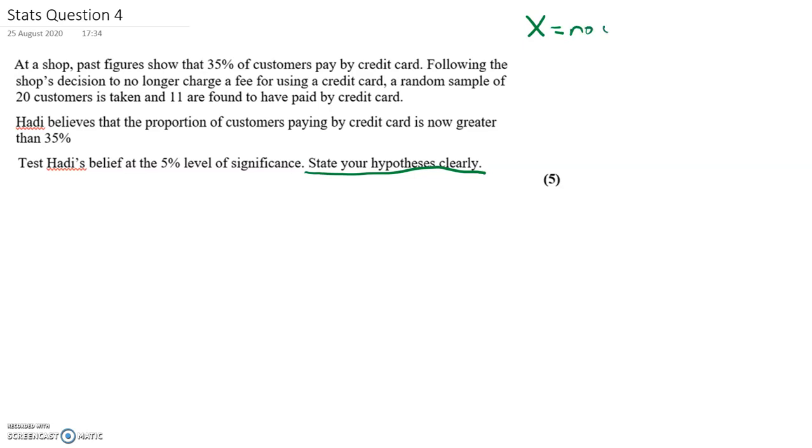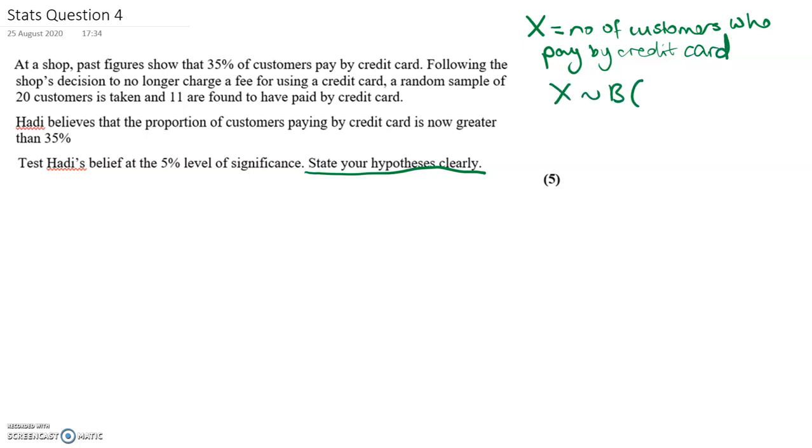X is the number of customers who pay by credit card. X is distributed binomially with n equals 20, and the probability that they pay by credit card is 35%, so 0.35.